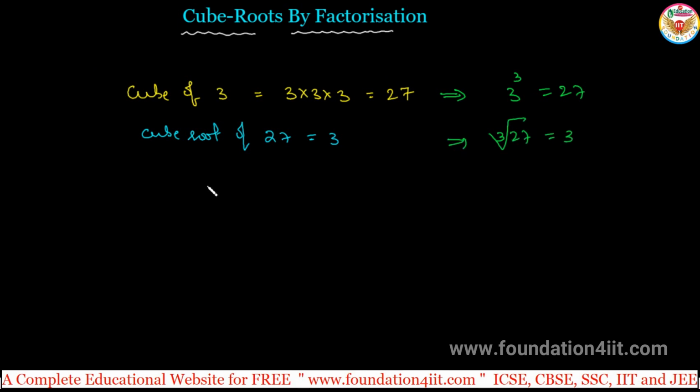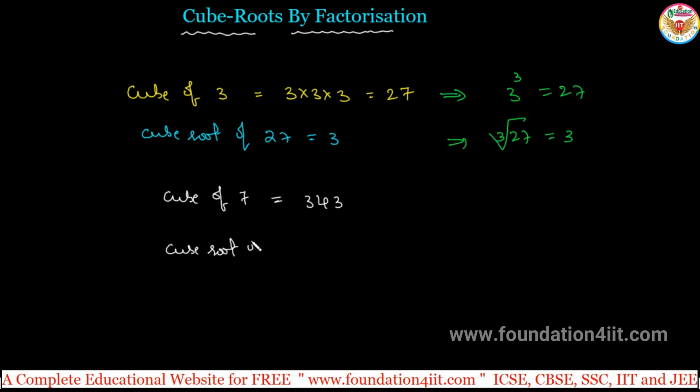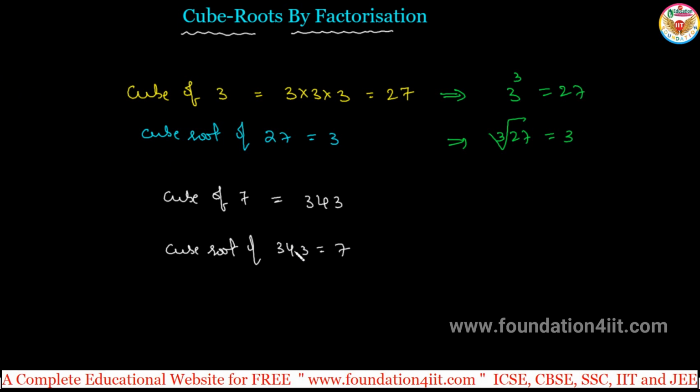Same example, cube of 7. Cube of 7 is 7 multiplied 3 times, 7 into 7 into 7, so 343. Then the cube root of 343 is equal to 7. That means 343 is the product of 7 multiplied 3 times.